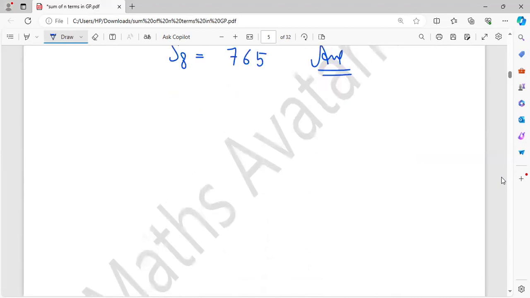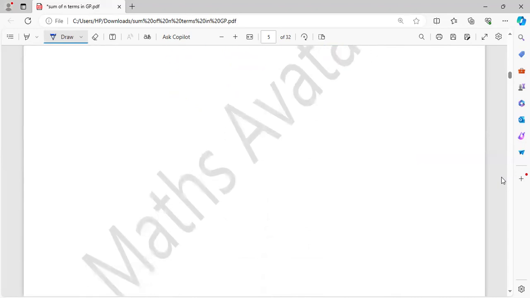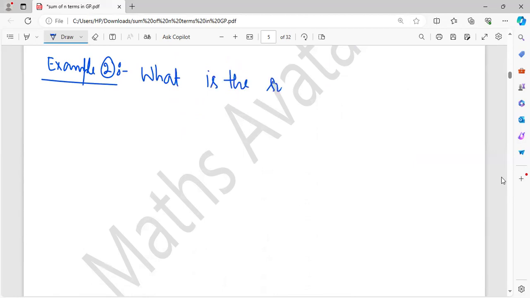Next question: what is the sum of the given GP?